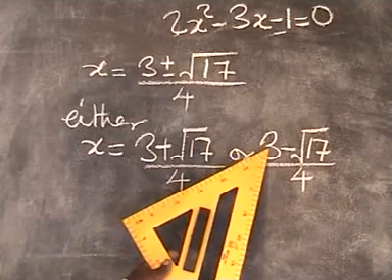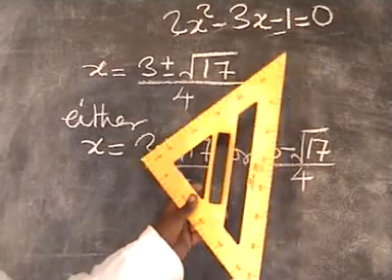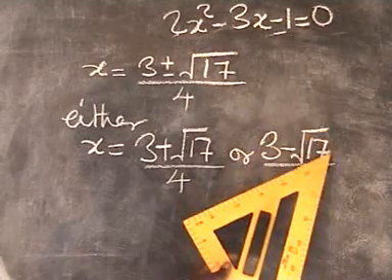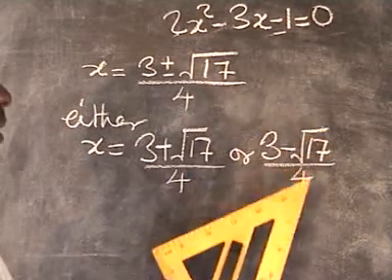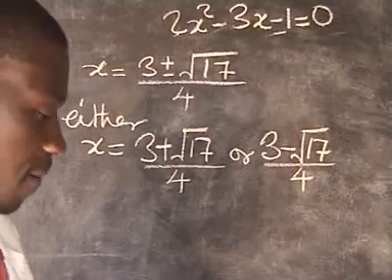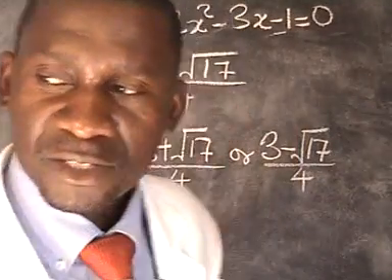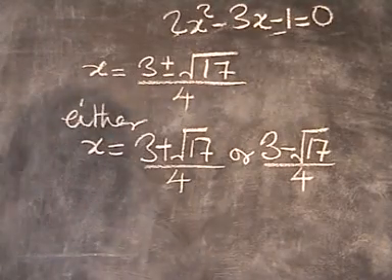Same applies there. You say 3 minus square root of 17, or you find the square root of 17, subtract that from 3, then the result is what you divide by 4, and that way you are going to end up getting the decimals. I'm sure that is understood.